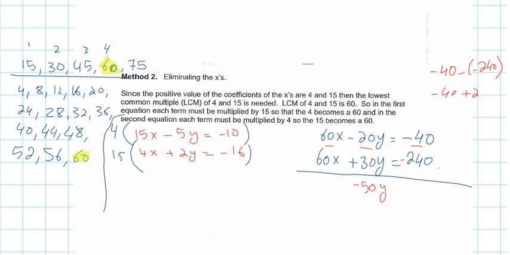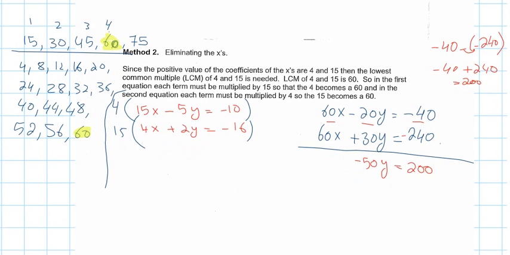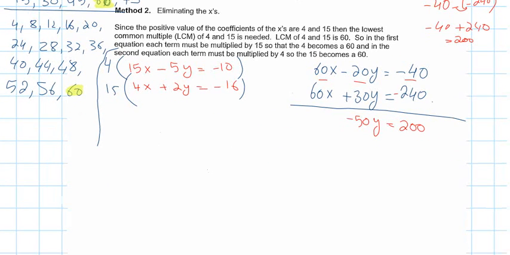You see what happened? Negative and negative makes a positive. Now that's going to give me 200. And now if I want to get rid of the negative 50, I have to divide by negative 50, and that's going to give me negative 4.